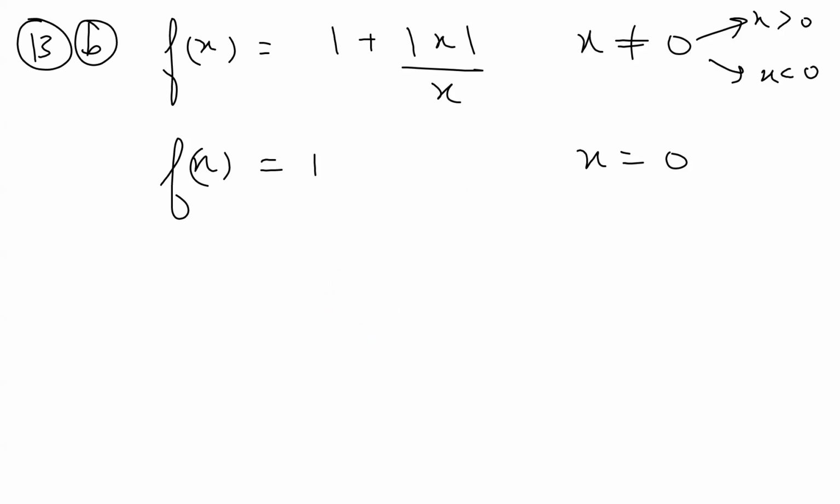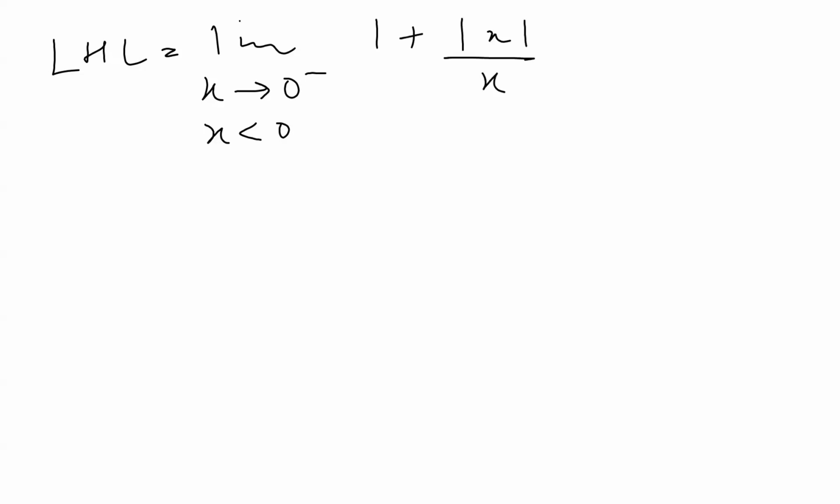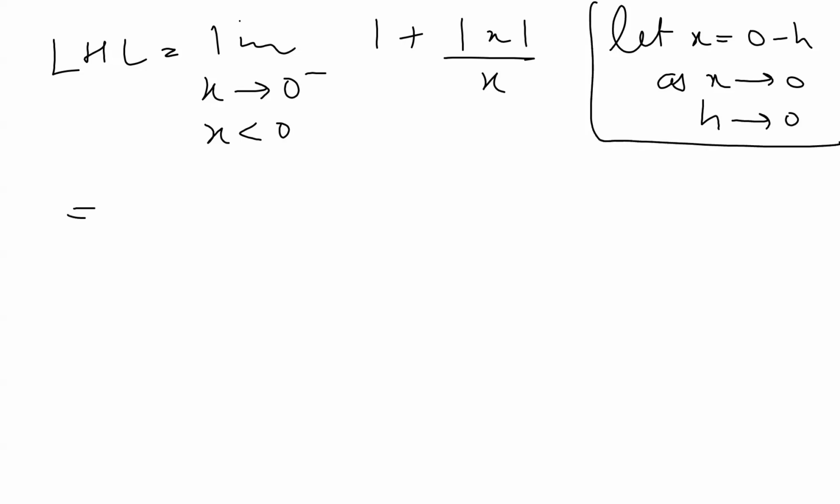I'll start with LHL, left hand side limit, and we have to discuss the continuity at x equal to 0, as given in the problem. So x approaching 0 minus, x less than 0. The function remains the same, 1 plus modulus of x upon x. Let x is equal to 0 minus h. As x approaches 0, h will also approach 0.